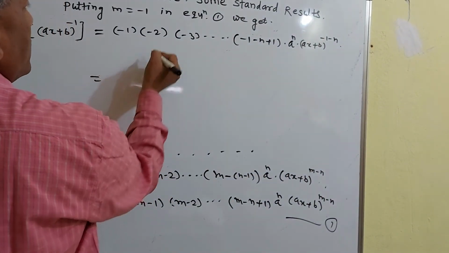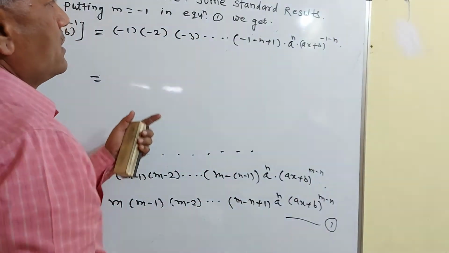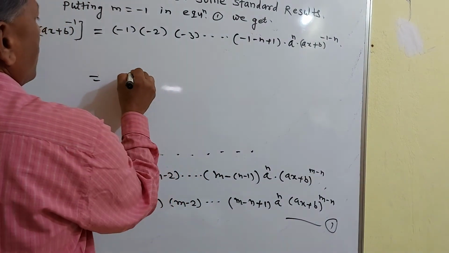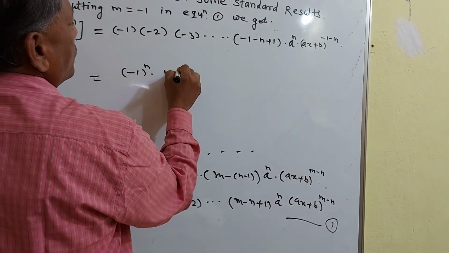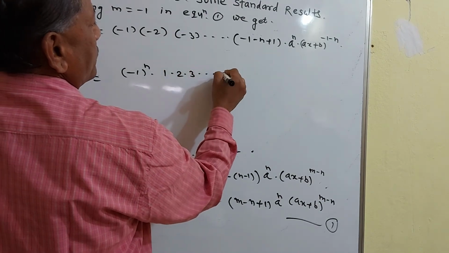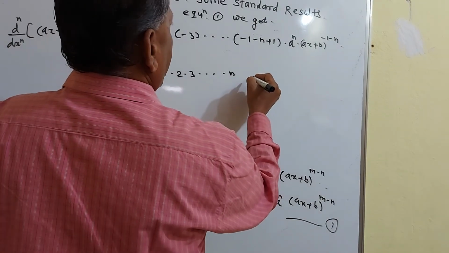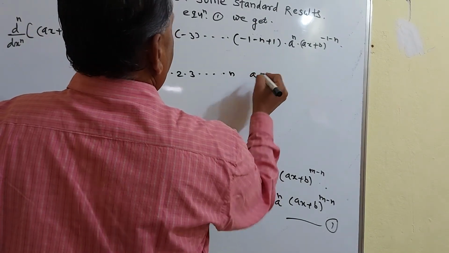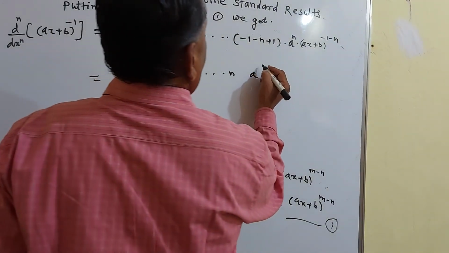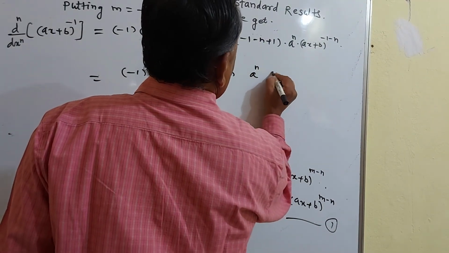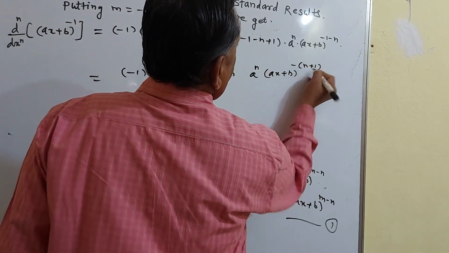So is equal to, you take minus common, minus 1 n times, minus 1 raised to n into 1 into 2 into 3 up to n into a raised to n into ax plus b raised to, you take minus common, n plus 1.